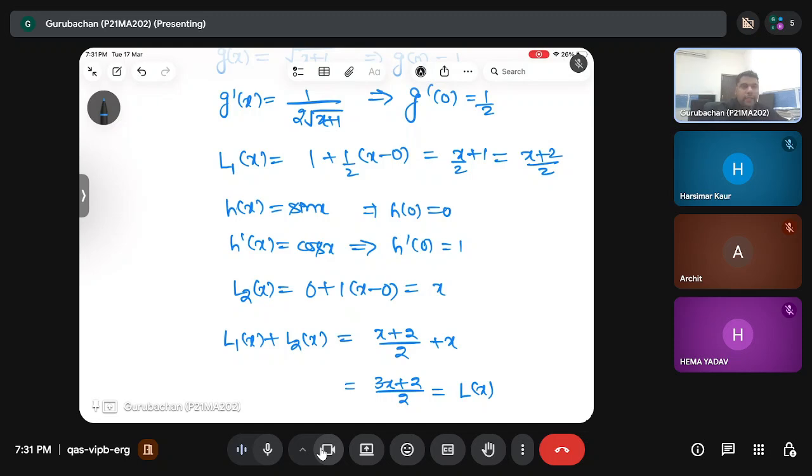So ultimately the linearization of the sum of the functions is nothing but the explicit addition of their linearizations.